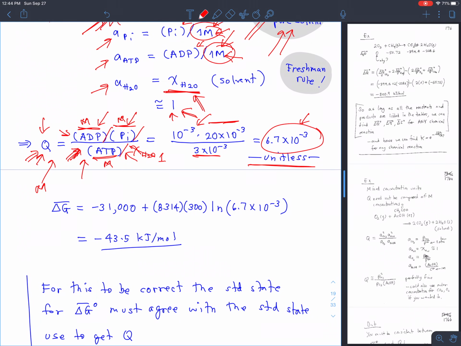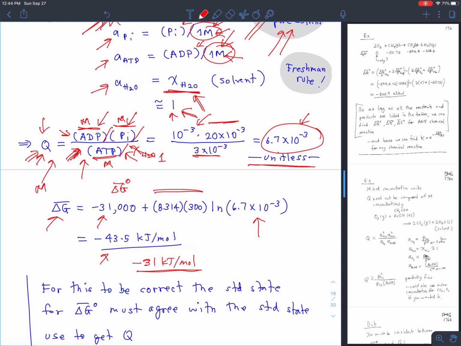All right, now all we have to do is plug our Q value, our delta G0 value here, and RT into our formula, and when we do that, we get minus 43.5 kilojoules per mole, which is significantly greater than the minus 31 kilojoules per mole that you would get at standard conditions.